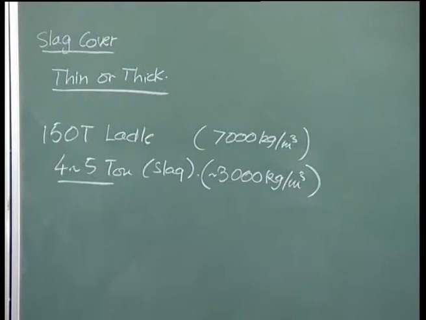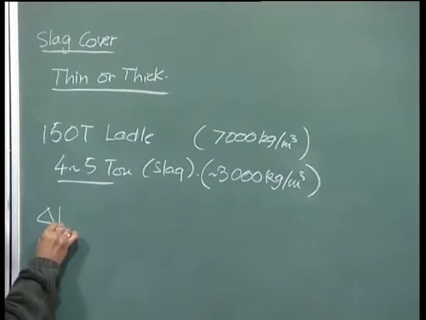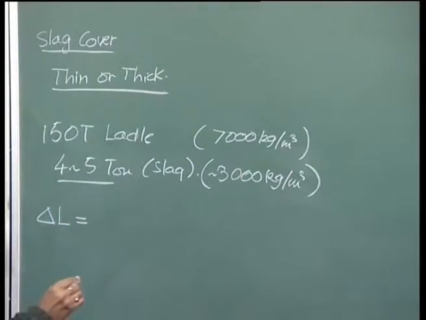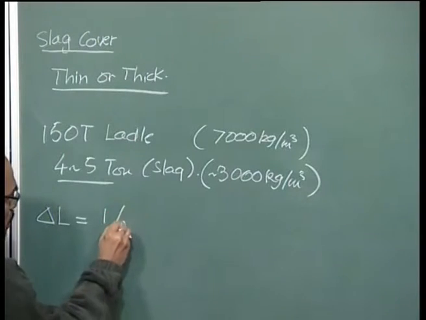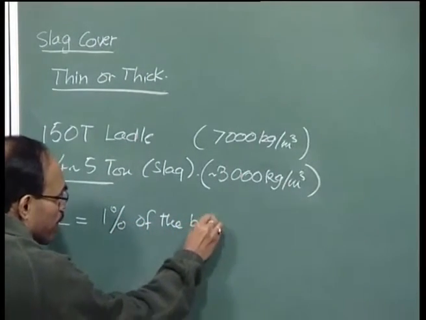You can translate this into the corresponding height, and you can see that the thickness of the slag typically in the industrial process is approximately a maximum of 1% of the bath depth L.